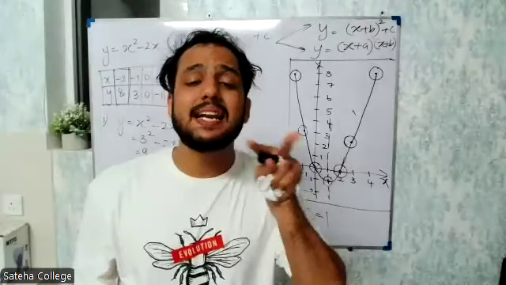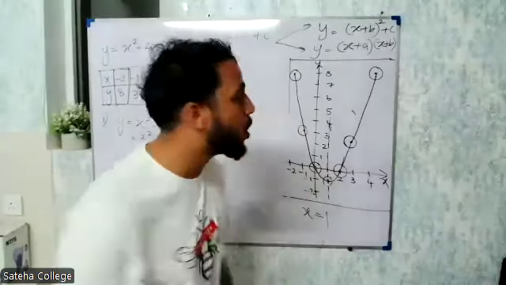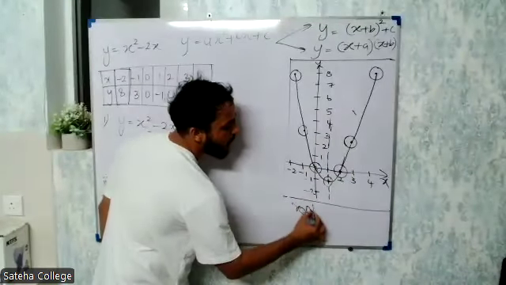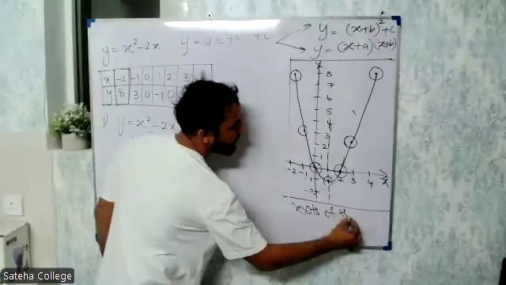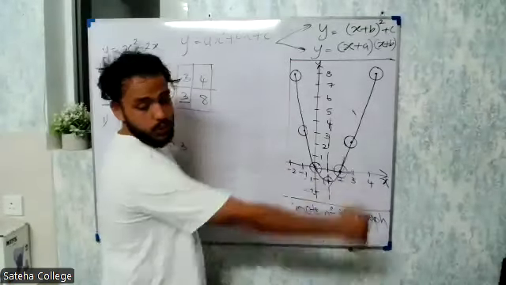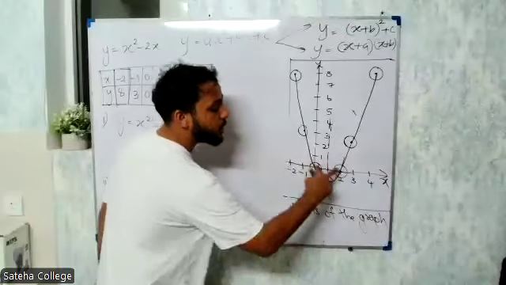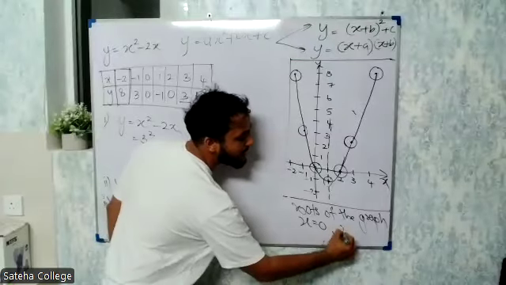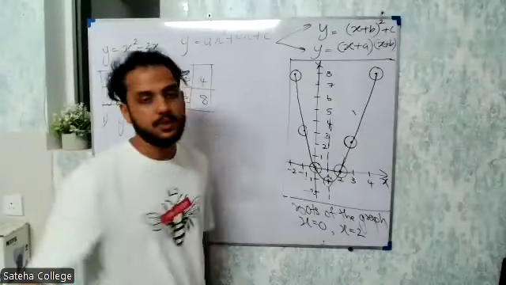The relevant x values of those 2 points are called the roots of the graph. So when they ask what the roots of the graph are, there are two roots. One is x is equal to 0, the other root is x is equal to 2.